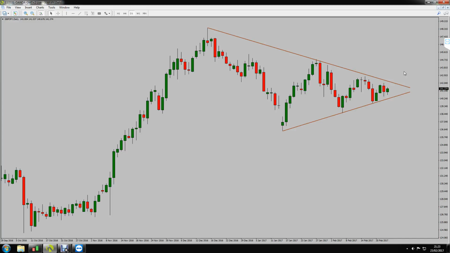This will go on until the buyers or the sellers decide to break out upper or lower the range.